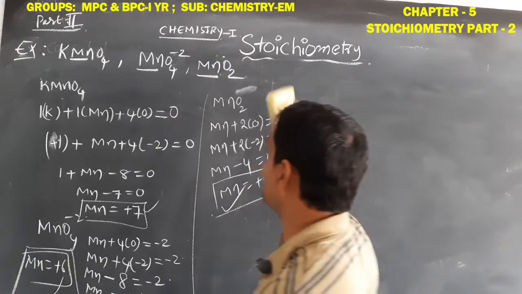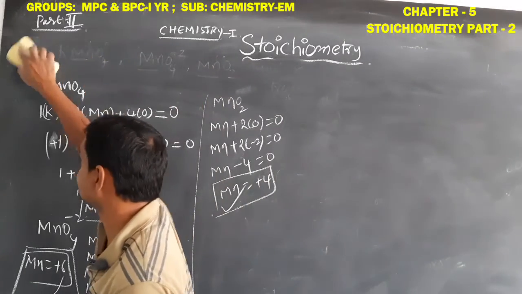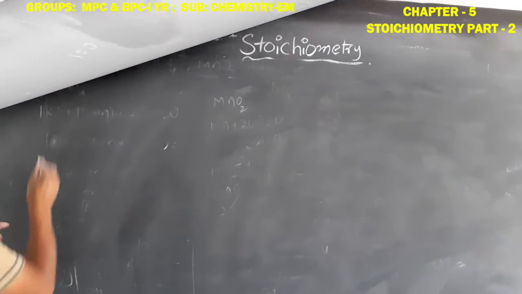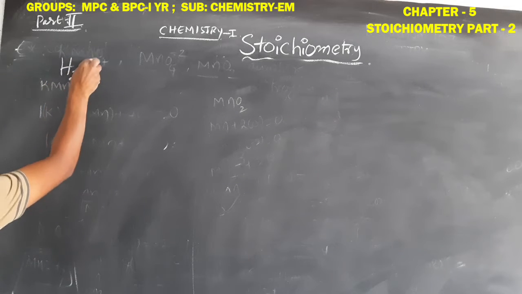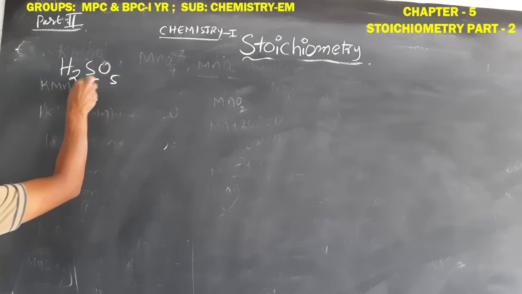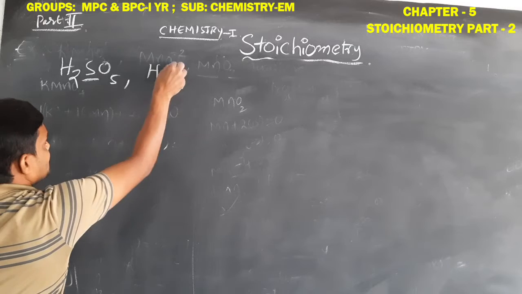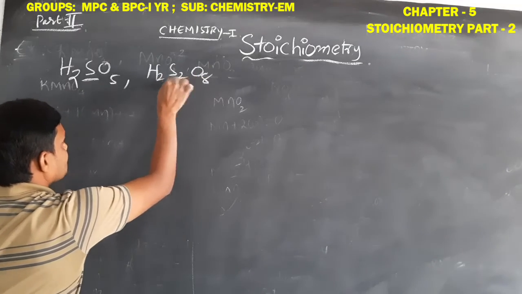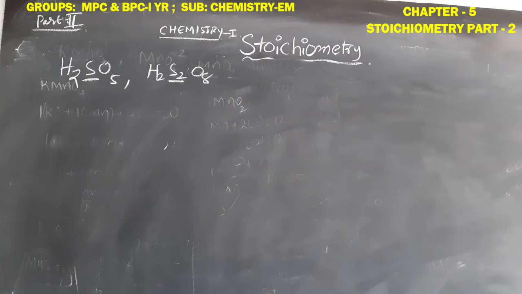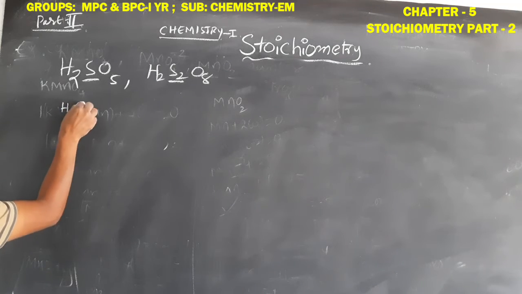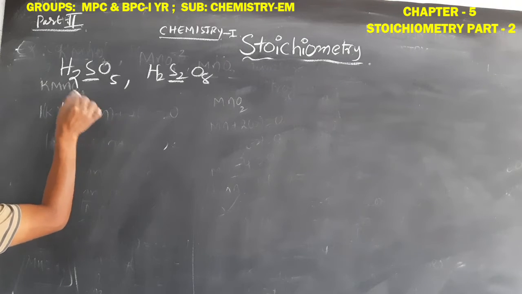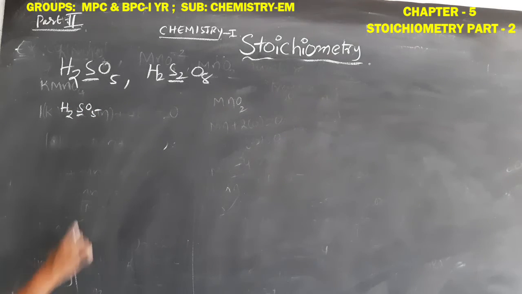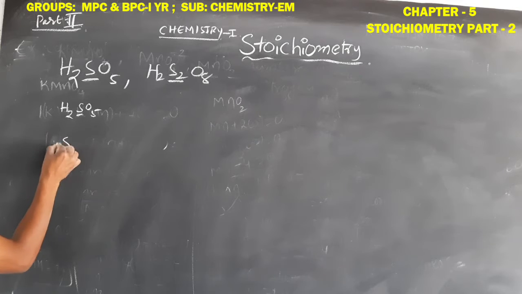Okay students, so let us solve another examples. H2SO5, sulfur. Similarly, H2S2O8, sulfur. So here these two compounds are different. First we should write the H2SO5. Here we should find out the sulfur oxidation number. So first we should write its structure.